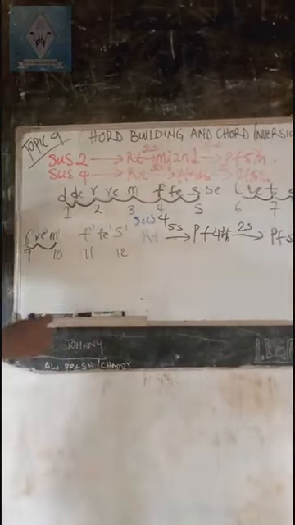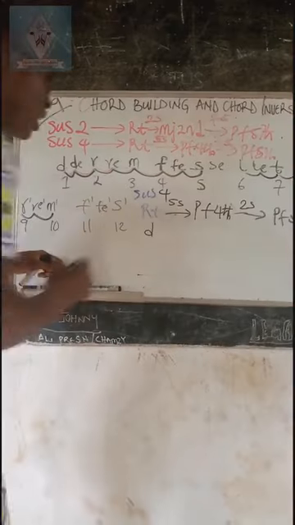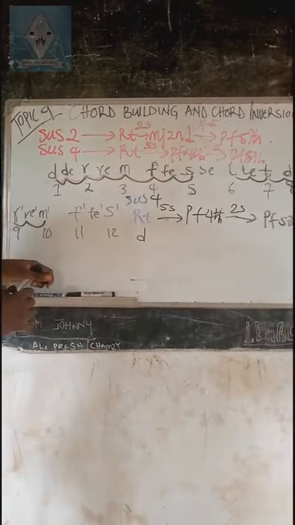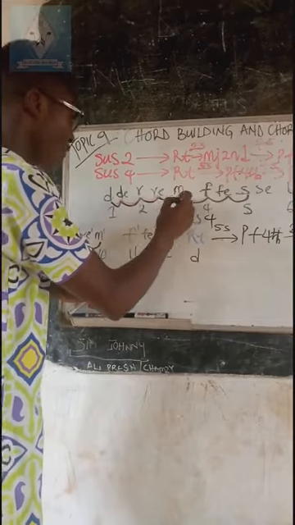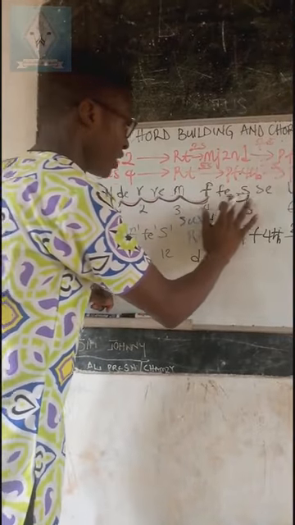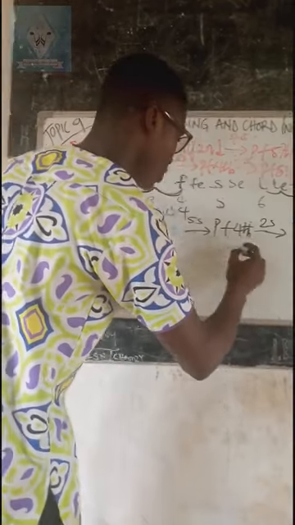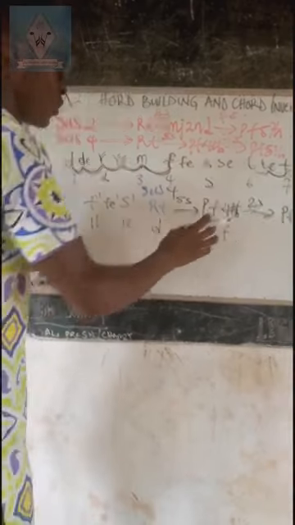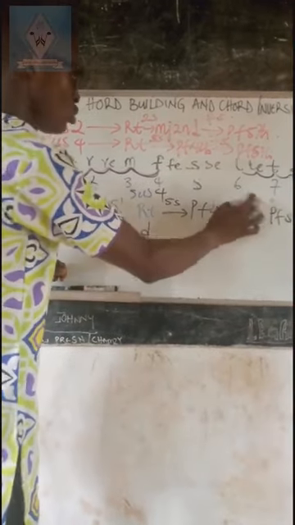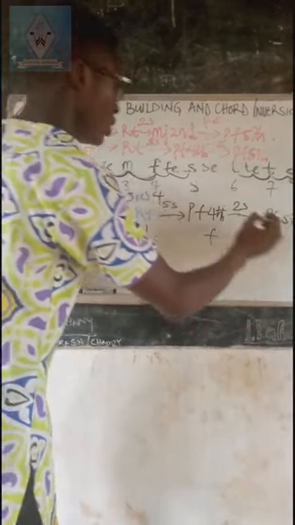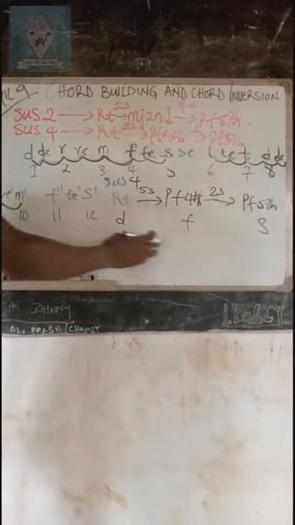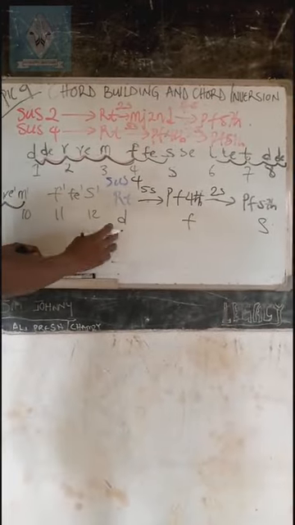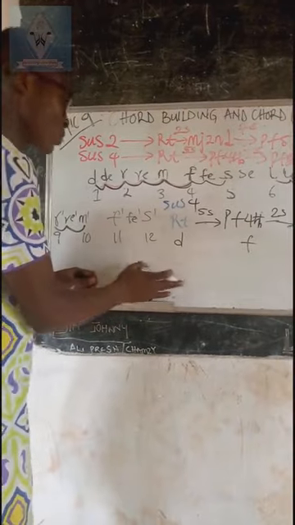Now if we decide to pick Do as our root, from the root to the perfect fourth will be 1, 2, 3, 4, 5. Our perfect fourth is on fa, and from the perfect fourth to the perfect fifth is 2 semitones, 1, 2. So this becomes our perfect fifth.